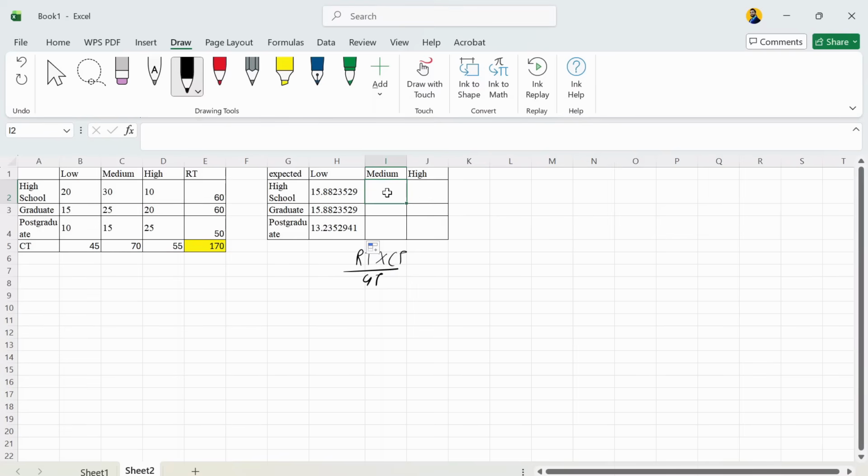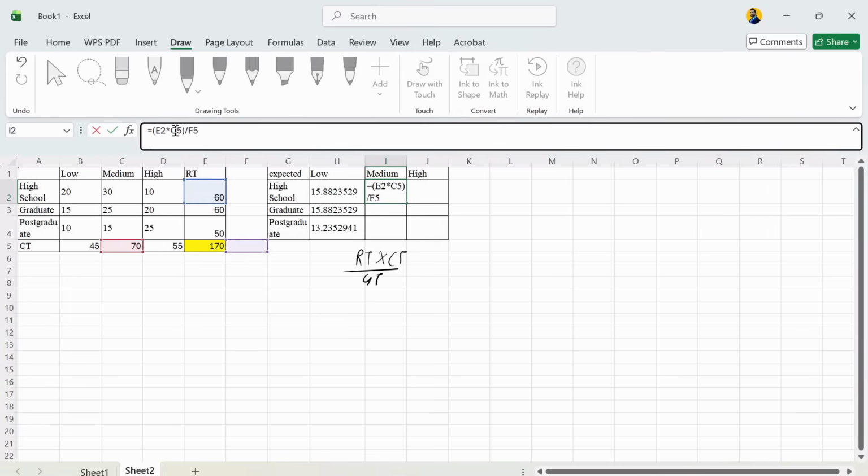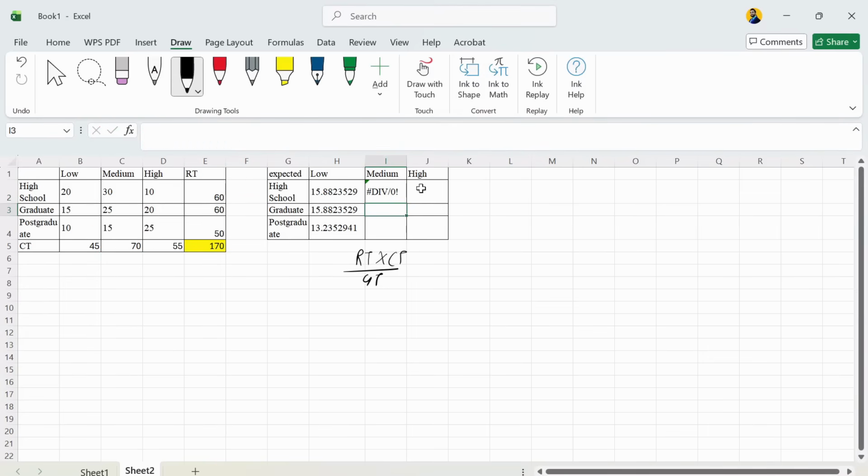So we will again write the formula: equal, parenthesis, then the row total is this, multiply by the column total, which we write as this one, and close the bracket. In division, we will use the grand total. As we know the column total will remain the same, we will make it a constant term using the dollar symbol. Similarly, we will do it here as well for the grand total, and then press enter.